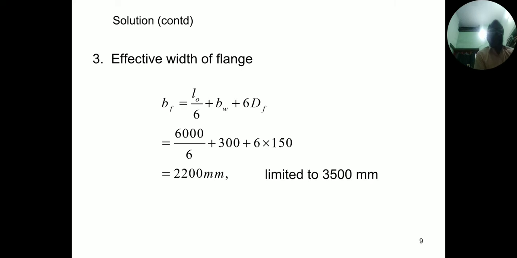The least value is taken. Hence BF is equal to 2200 mm.